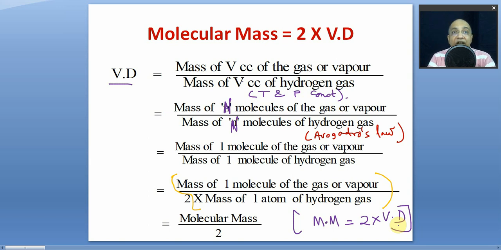So even if it is a liquid, we can vaporize it and then find its vapor density, relative density. We will be doing that, the mass by mass method. And once we get the VD, we multiply by 2 and get the molecular mass.